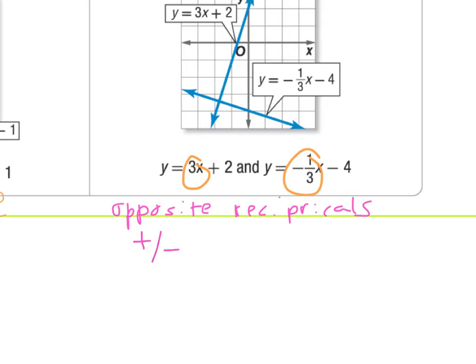So if it's positive, we go to negative. If it's negative, we change it to positive. And reciprocal means that we flip it. So here we have a positive 3/1. So we change our slope to now -1/3. So we change the sign and flip it.